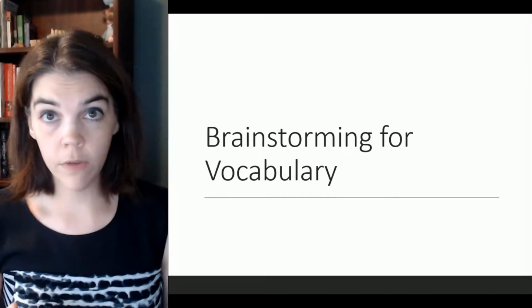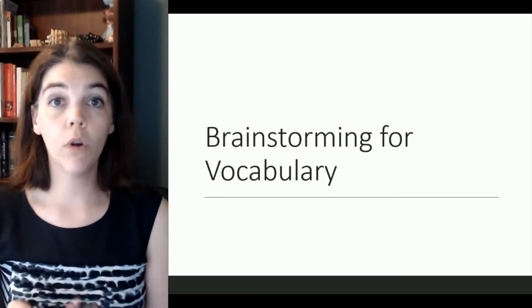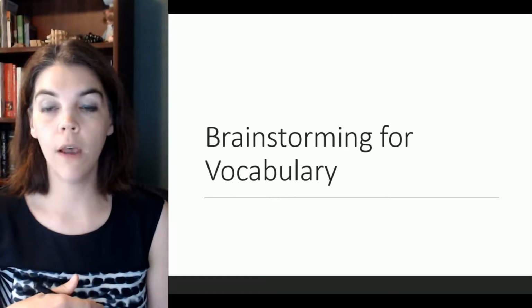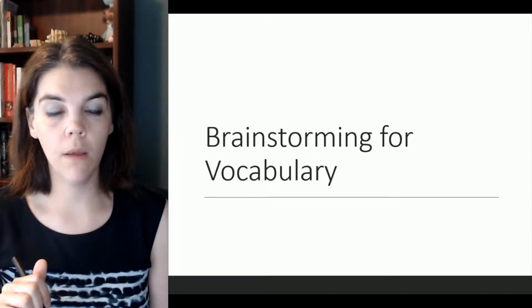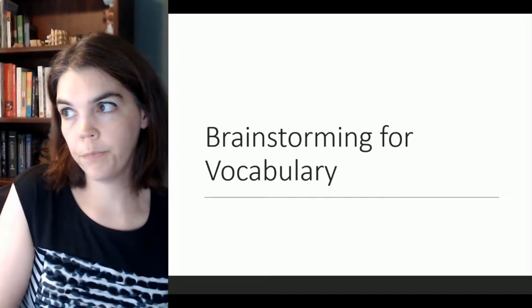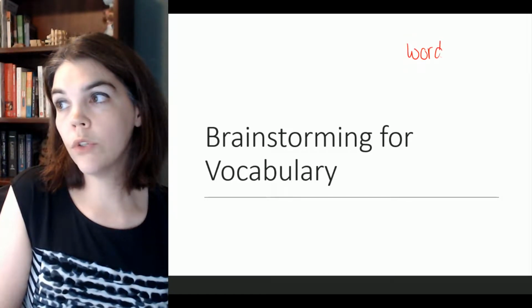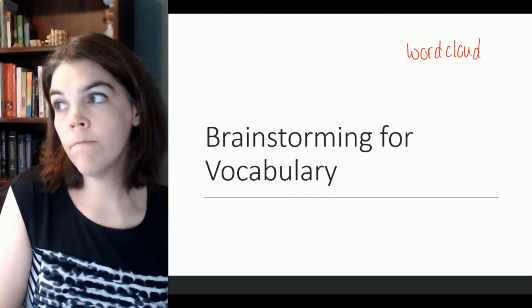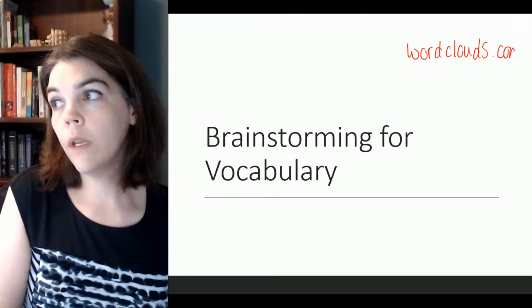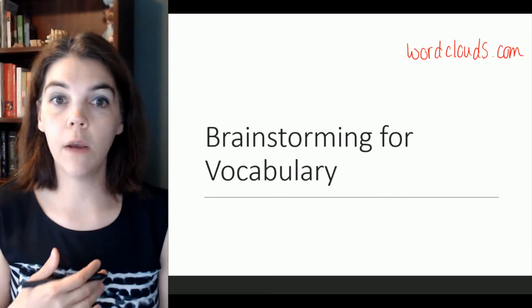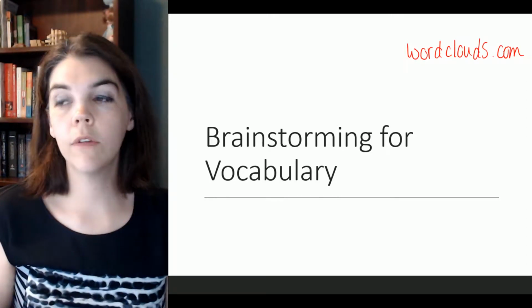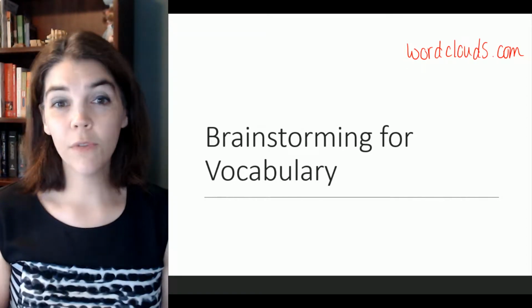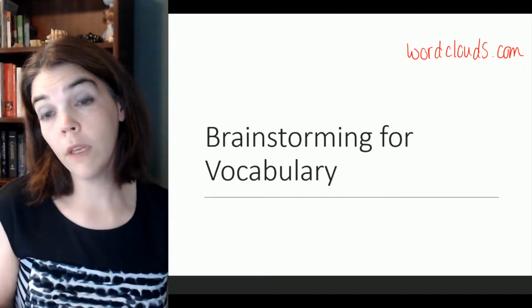In a previous video, I showed you how to make a word cloud, where you can go to wordclouds.com and put in a website and find out the common vocabulary about that topic that's used in that website. But for this one, I wanted to do something a little bit different.